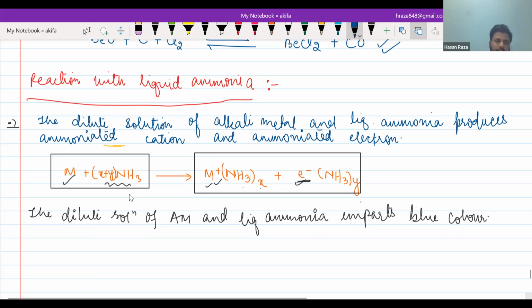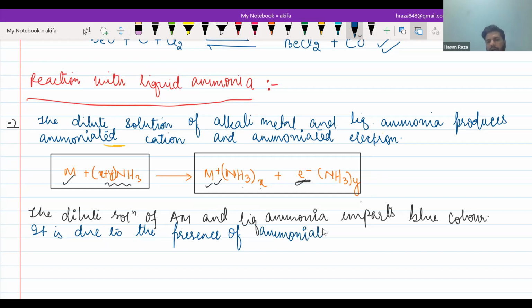So I'm going to write it. It is due to the presence of ammoniated electrons. Since it has a free, unpaired electron, that means it is paramagnetic. What is paramagnetic? If there is an unpaired electron, that is called paramagnetic.